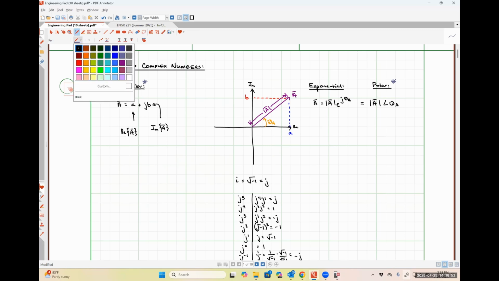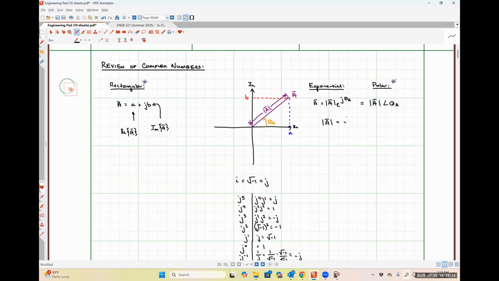So I'm going to start by giving you a definition for the magnitude of our complex number A. Essentially, if we look at our complex plane representation of complex number A, we have a right triangle, and the magnitude is just the hypotenuse of that right triangle. So we can use good old Pythagorean theorem in order to determine the length of this complex number.